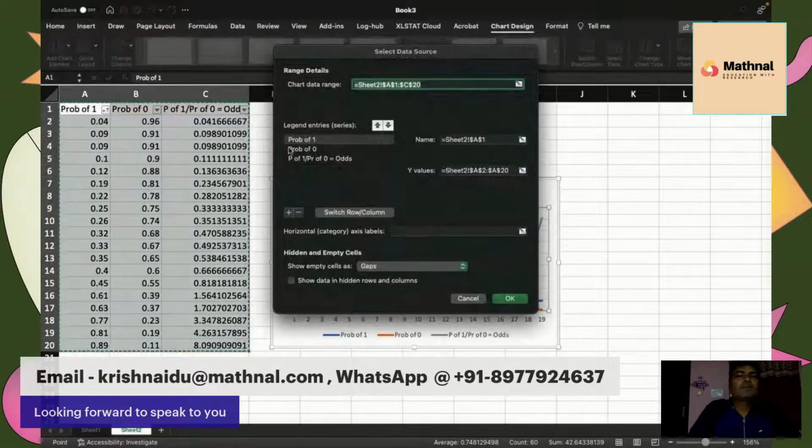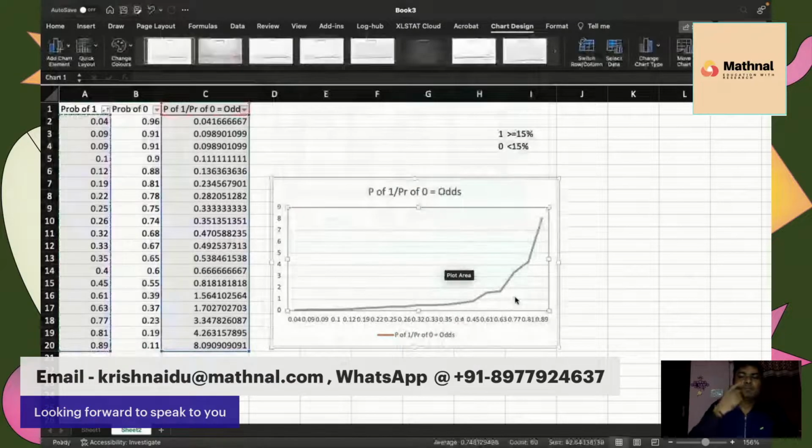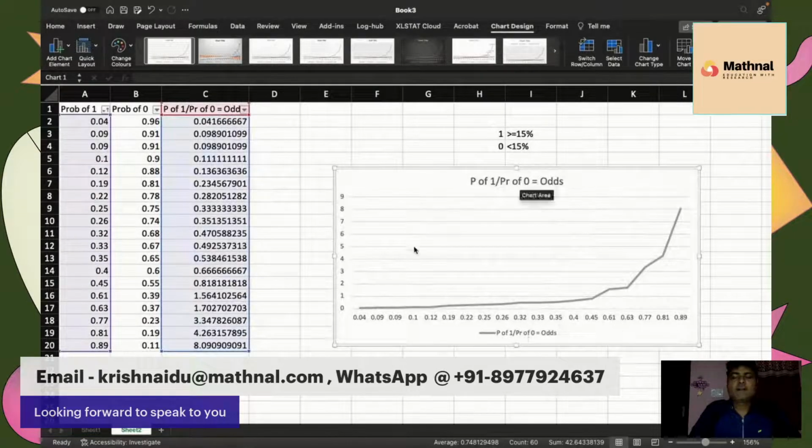I just have to structure the chart now. I'll remove the probability of 1 and the probability of 0 series, go to the x-axis and select the probability of 1. So if you look at this chart, the probability of 1 is on the x-axis and the odds is on the y-axis.